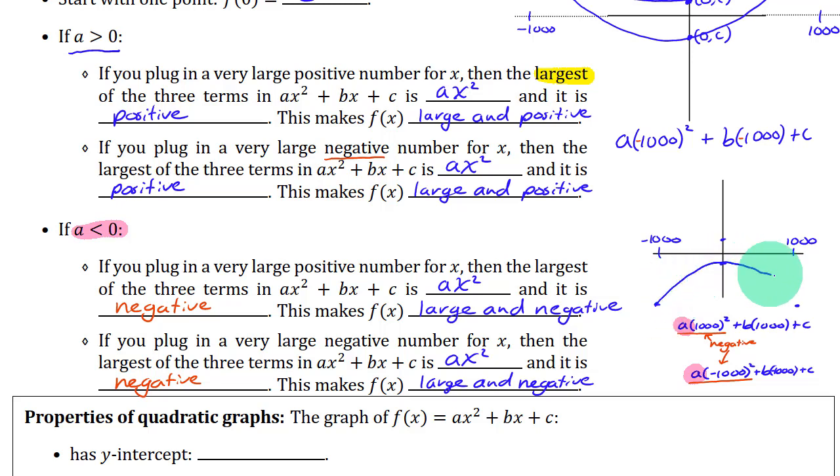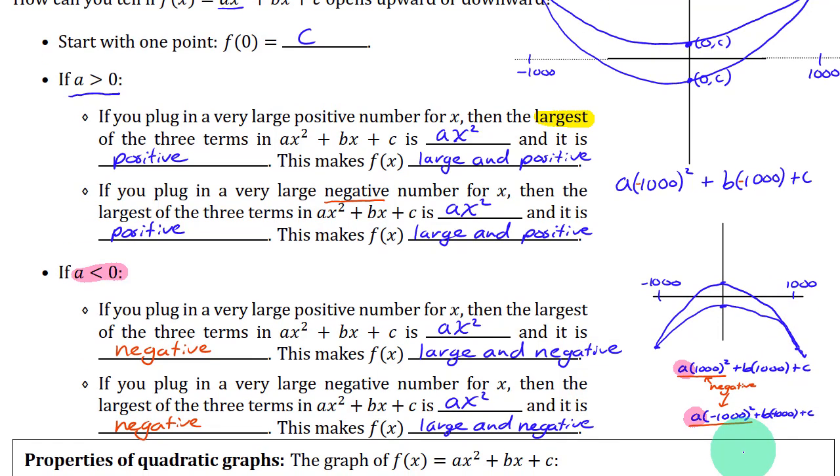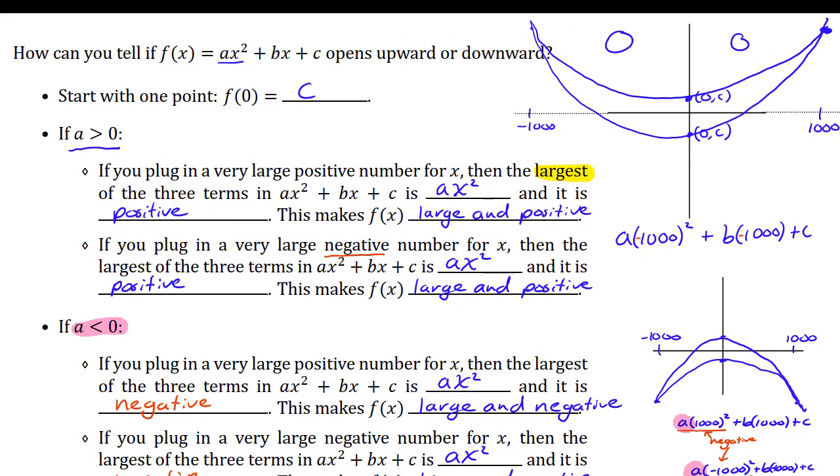So the whole thing looks something like that. So it's going to open downwards. All right, so that is the moral of the story here: if a is greater than 0, it's going to have to open upwards. And if a is less than 0, the whole thing opens downwards.